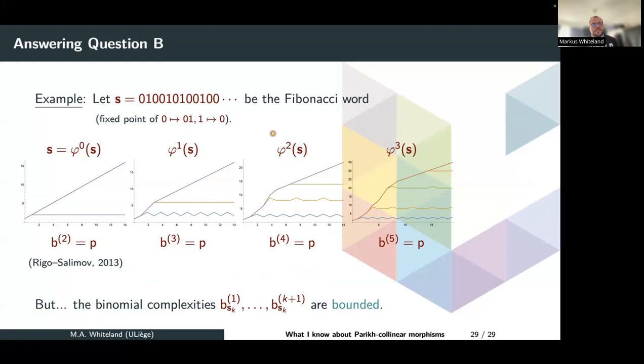So just as a final example, to illustrate the theorem, here we take the Sturmian word. If we apply the two-Amorphs morphism 0 times, then we'll have that the abelian complexity function is 2, and the two binomial complexity function collapses to the factor complexity function.